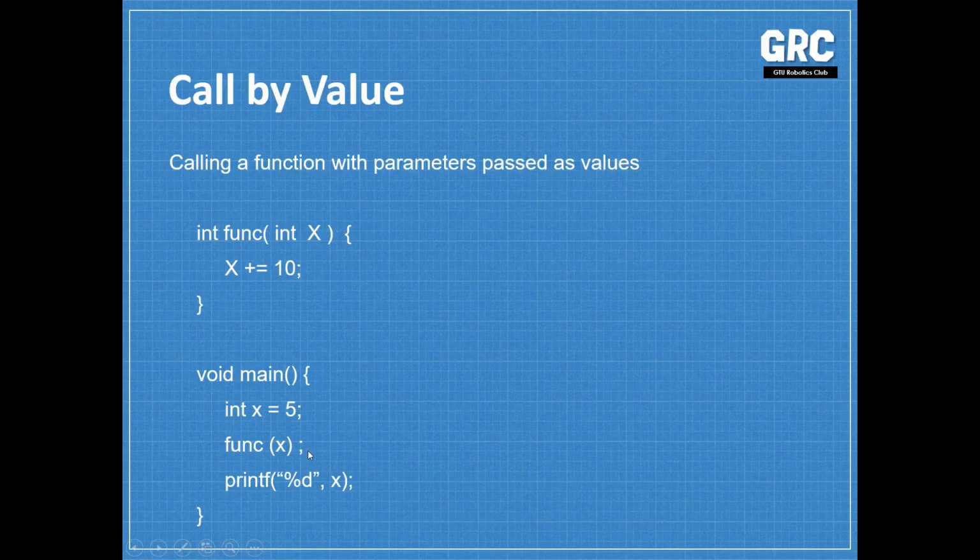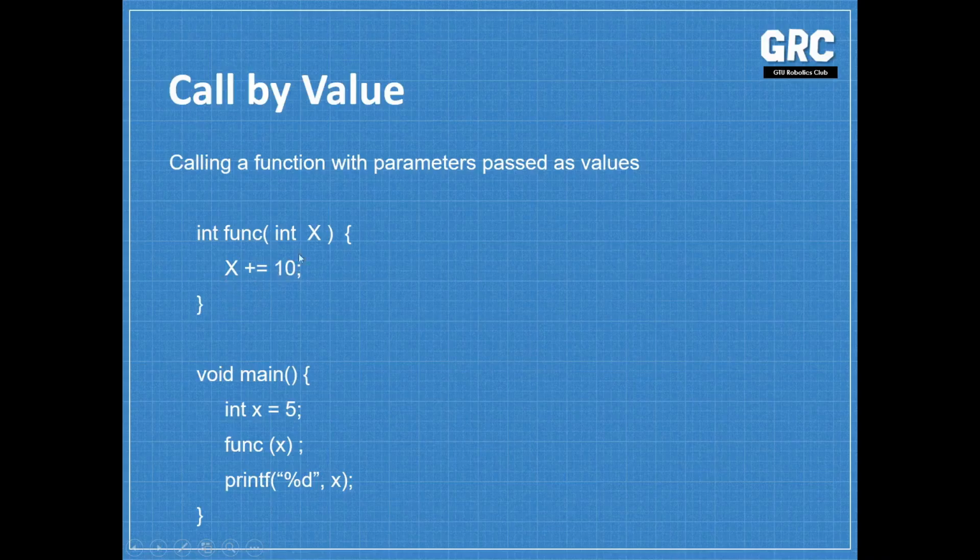Because we are calling the function by value, only a copy of the value of the variable small x is passed into the function, and the capital X receives 5 and it is incremented to 10.